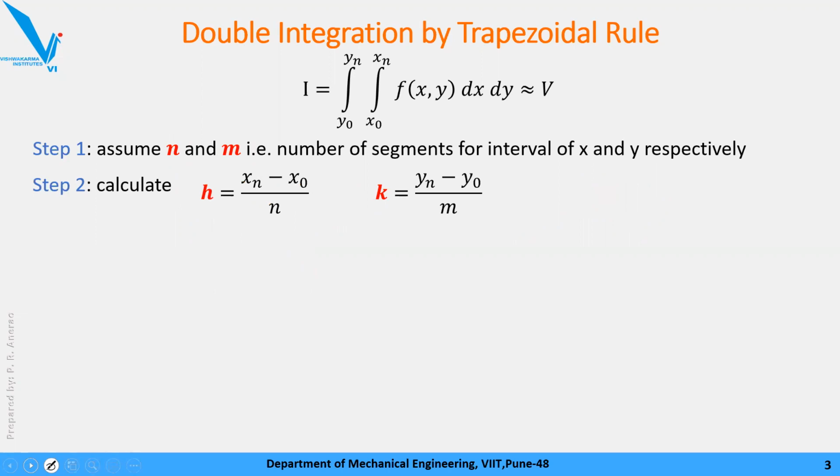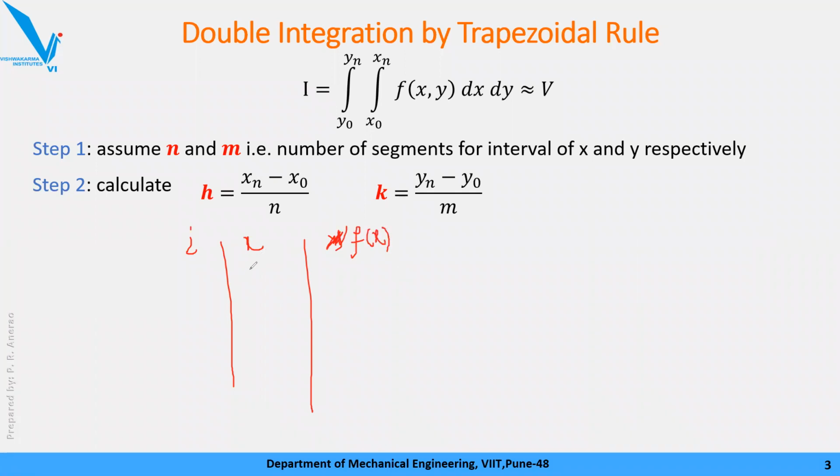Now go for step 3. In step 3, what did we do in the old method using the trapezoidal rule? We used to have a table like this. Here we wrote i, x values, sorry for that, give me a minute. Okay, so we used to have a table of i, x and y. Now this y is actually, earlier it was f of x, so I'll write f of x instead of y.